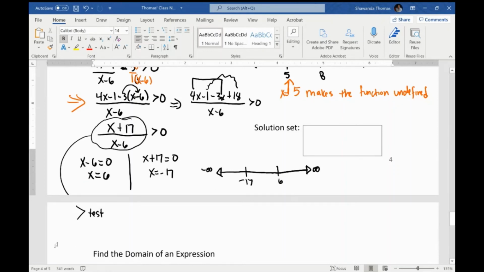All right, test value negative 18. Plug it into the numerator, you get negative, right? Plug into the denominator. Don't you get another negative? So negative divided by negative is positive, right?